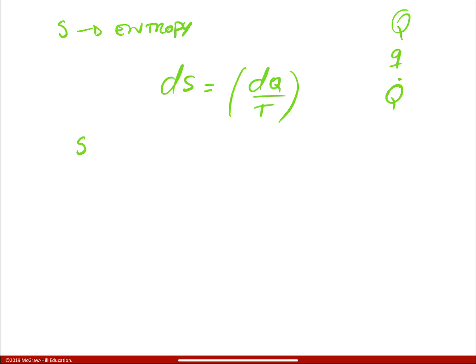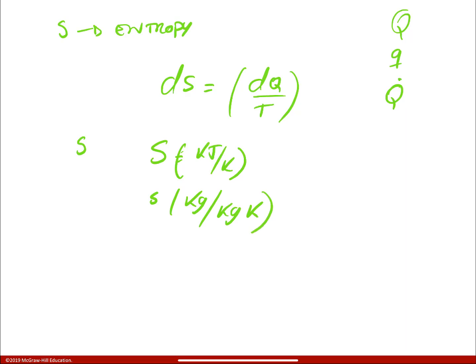So the unit for this property will be kilojoules per Kelvin, but if you have per unit mass, it'll be kilojoules per kilogram Kelvin. So S has units of kilojoules per Kelvin, and the little s is kilojoules per kilogram Kelvin.